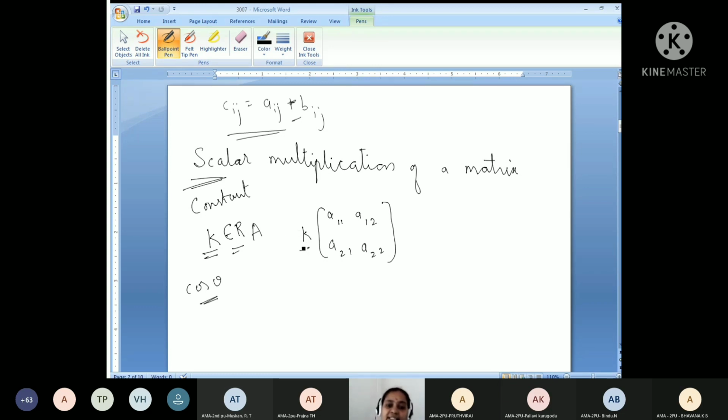See, K is not a matrix, whereas this is a matrix. So a constant multiplying with the matrix, that is the concept of scalar multiplication. For this, you have to take K inside the matrix. To take K inside the matrix means, you know what? Multiply K with every element of the matrix. That is, you have to go like this: K A11.